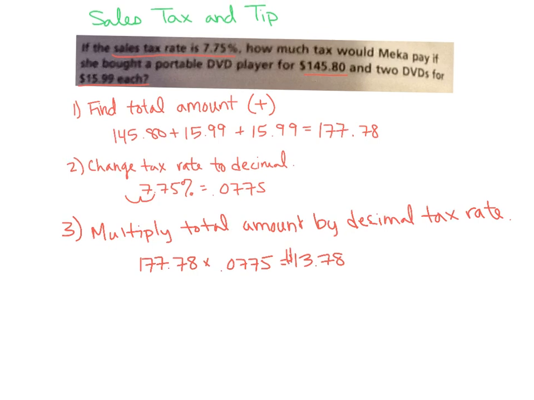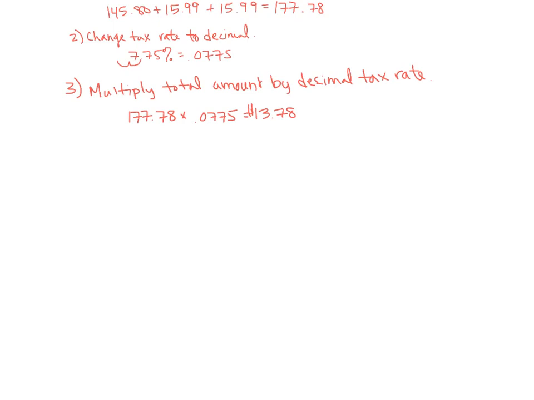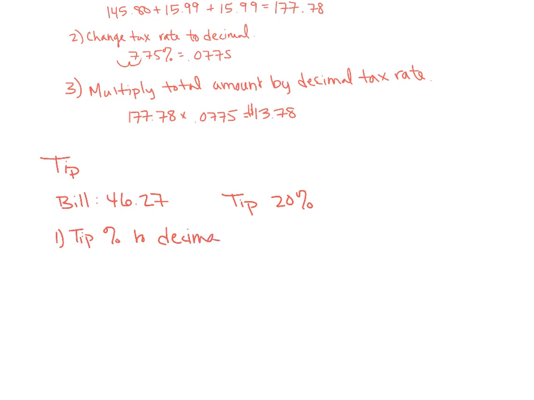You do the same thing. Let's do a tip one real quick. Say you went out to eat, and the bill you got was $46.27, and you thought the server did a really good job, so you're going to leave them a tip of 20%. Okay? The first thing, you change tip to decimal. So we would have 20%.